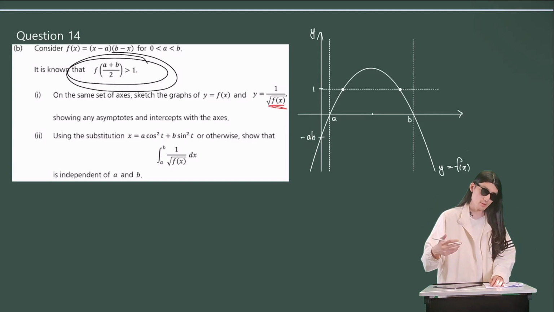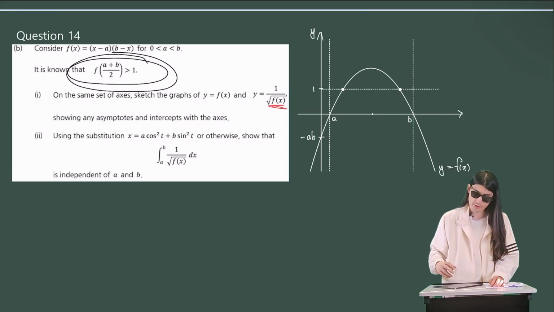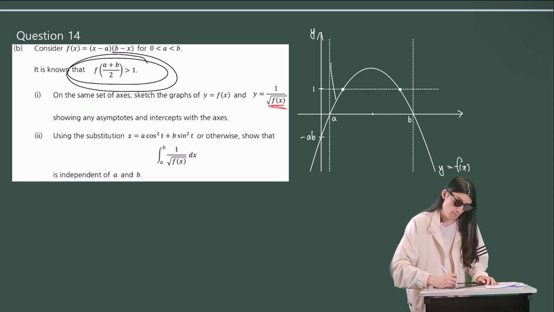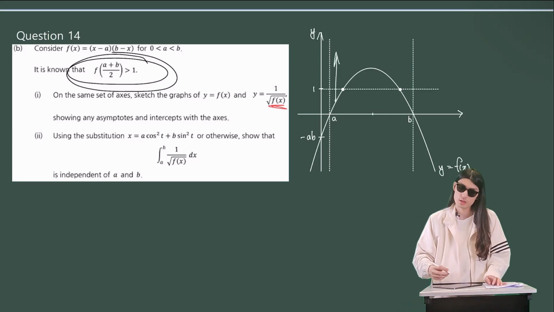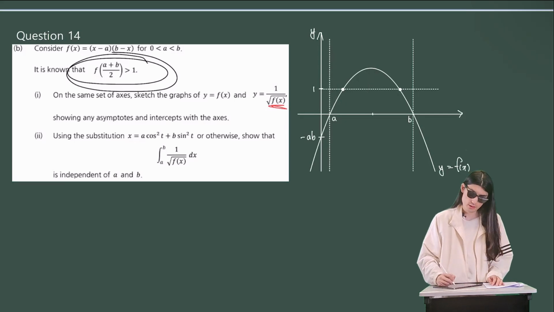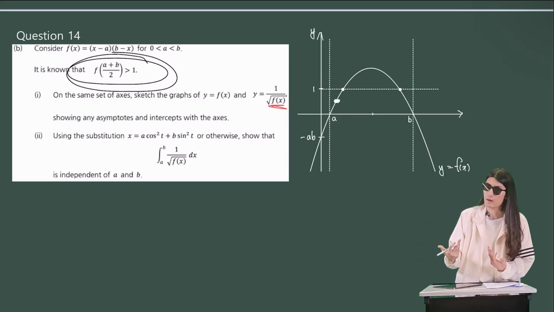Based on all this, how does the transformed graph look like then? 1 over square root of f of x. Also, when you take the reciprocal of a number, small numbers become bigger, large numbers become smaller, right? Or you can test it out yourself, okay, to recognize that here, around this value, my f of x is around half, right?